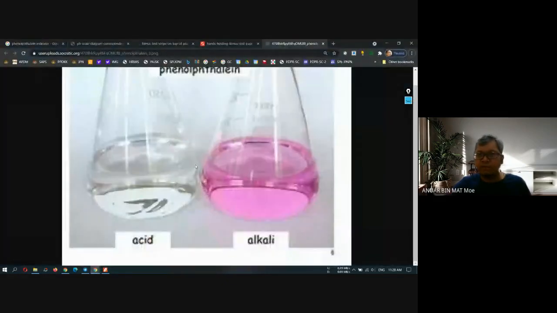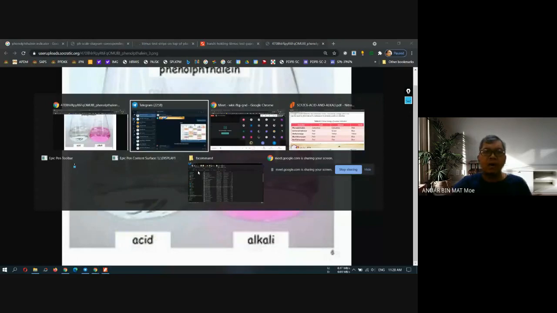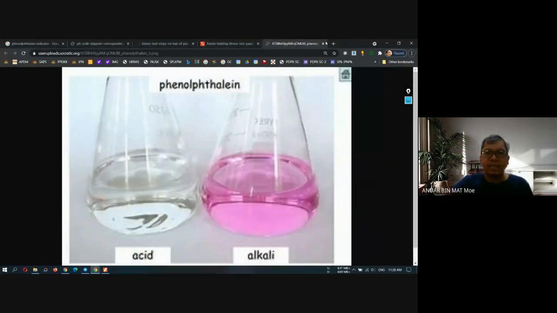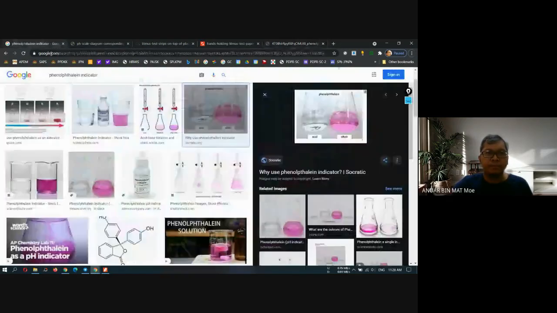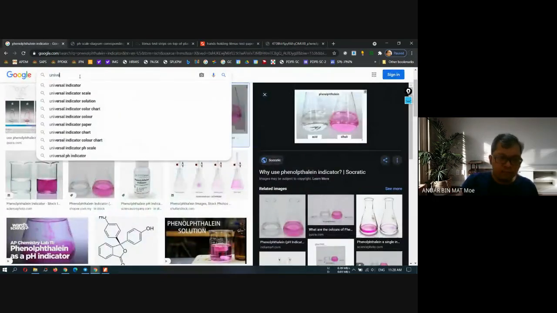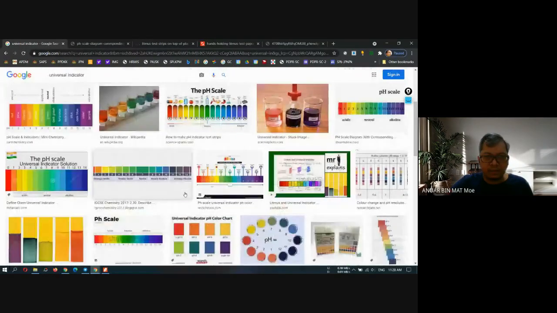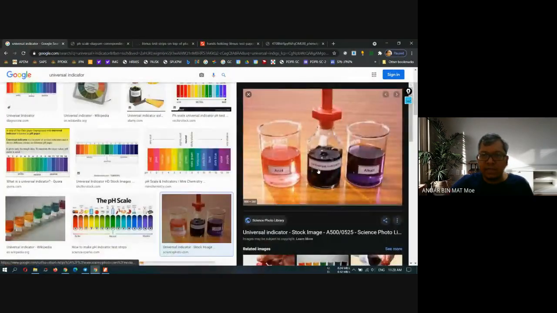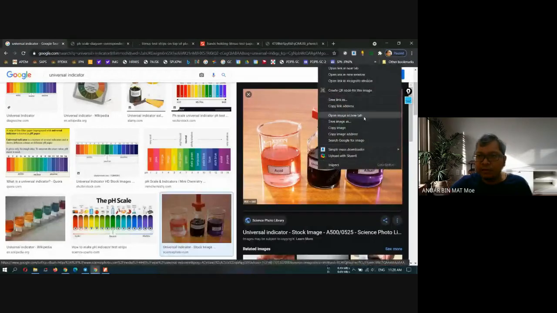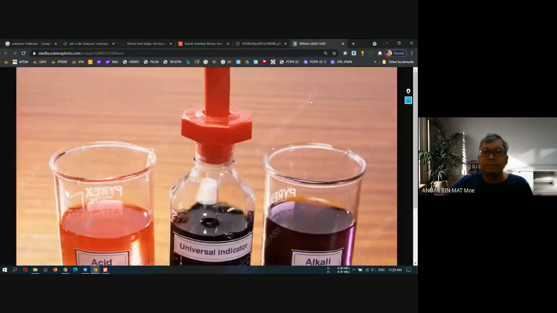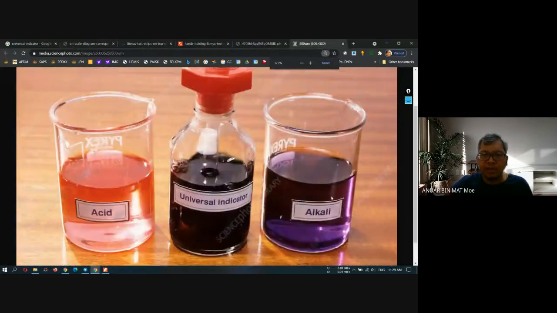Okay, this is phenolphthalein. How about universal indicator? This is universal indicator. Universal indicator is also in solution. The function is just like pH paper.